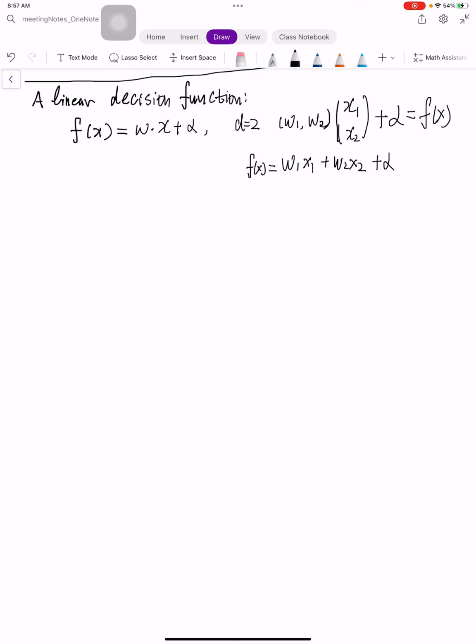And recall that the decision boundary, which we denote by H, is the set of x such that the decision function equals 0, right? Decision function equal to 0 is equivalent to saying w inner product x equals negative alpha. So why is this true?